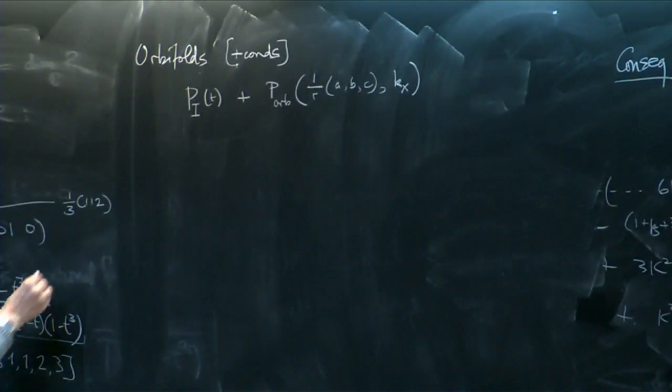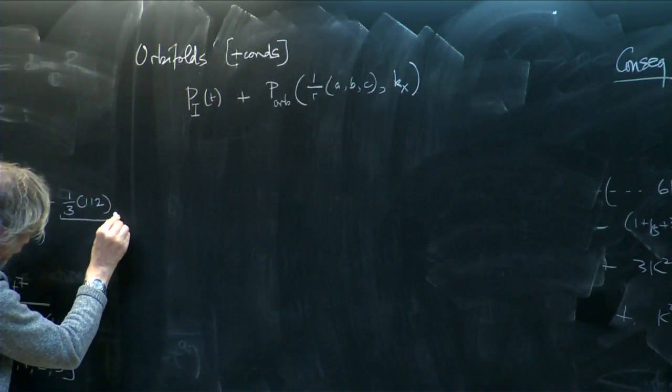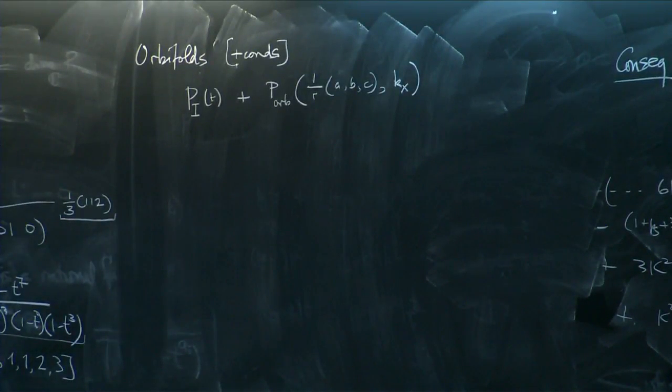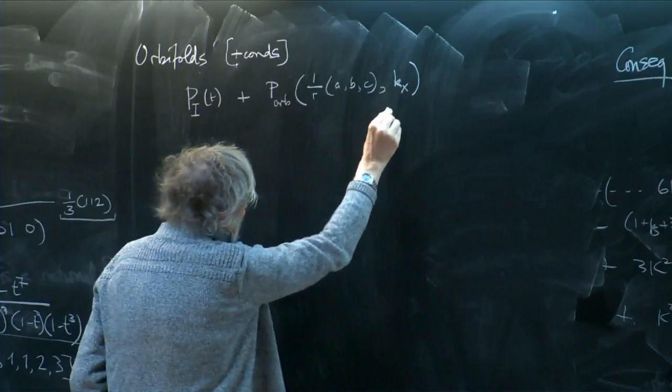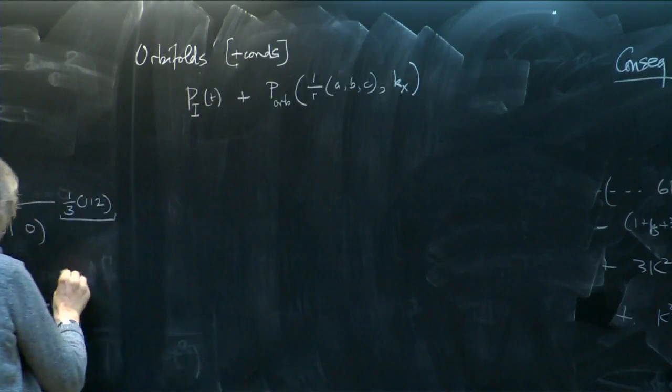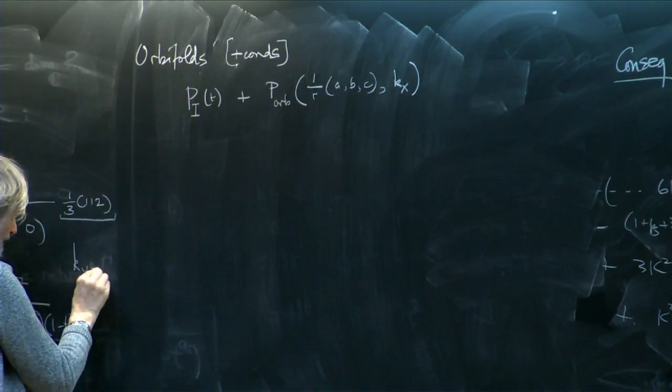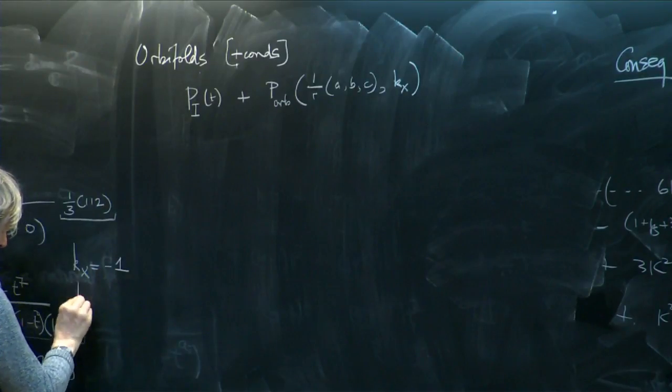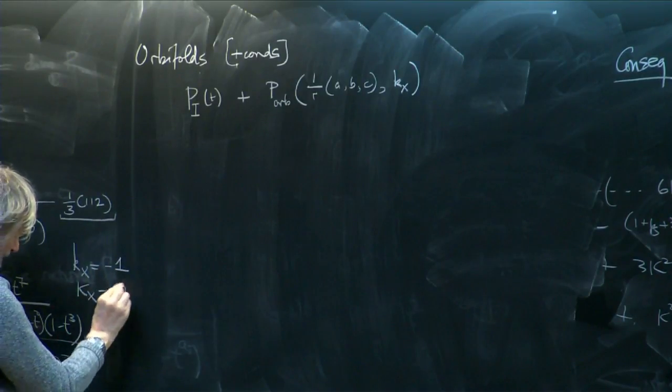Here I've got these two points, and here I've got this K_X, which in this case is minus 1. K_X is O_X(-1).